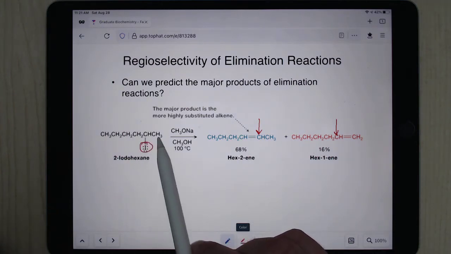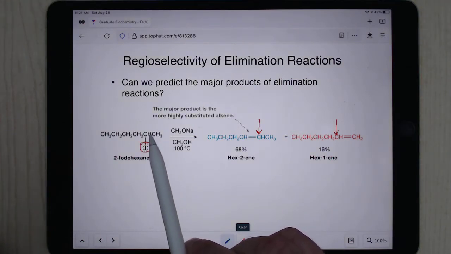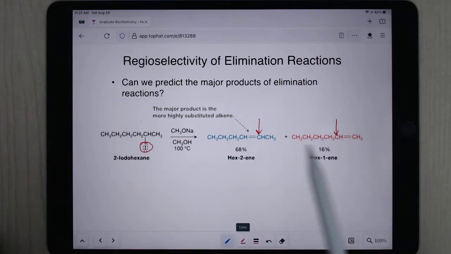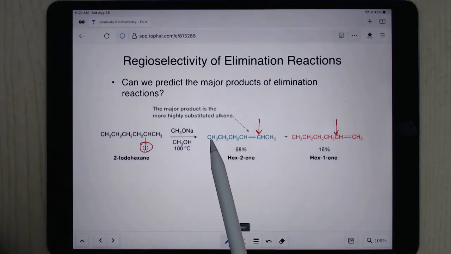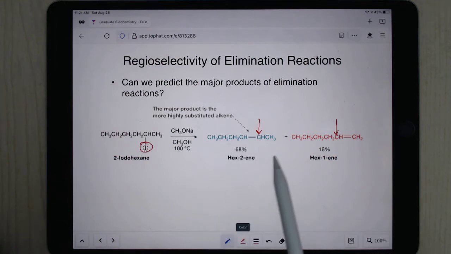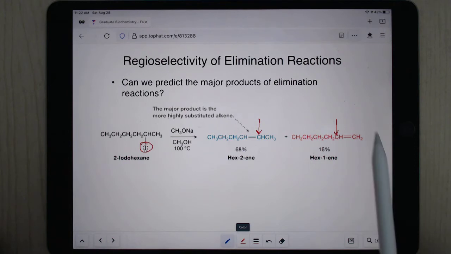If we look on the right, there's at least one CH on this side, so we can make a double bond on the right side. But if you notice, the majority of it is this one here. This is the major product. Most of the product is this, with just a minor amount of the other.